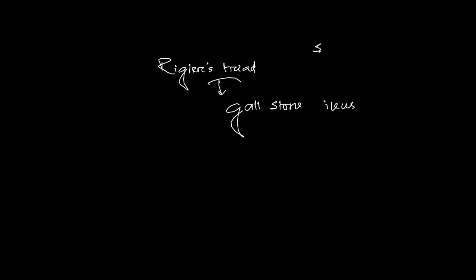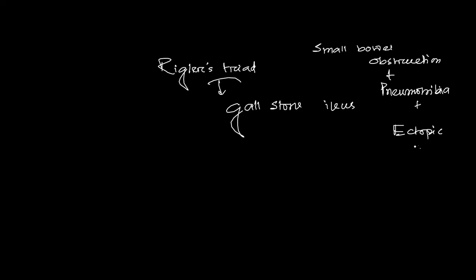Here you will get a small bowel obstruction, plus patient will have pneumobilia, and patient will have ectopic gallstone. Details will be dealt in your respective surgery class. Just for now, remember these triads.